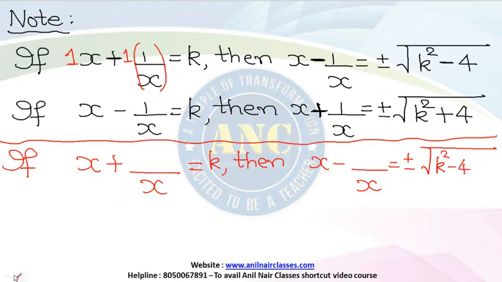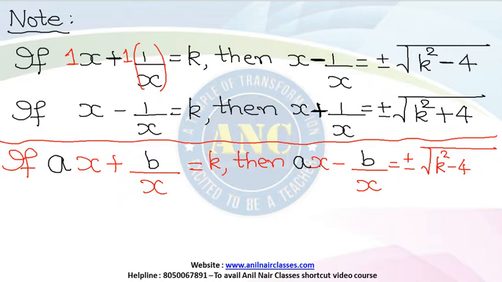But instead of having the coefficient of x as 1 and the coefficient of 1 by x also as 1, let the coefficient of x be a and the coefficient of 1 by x be b.